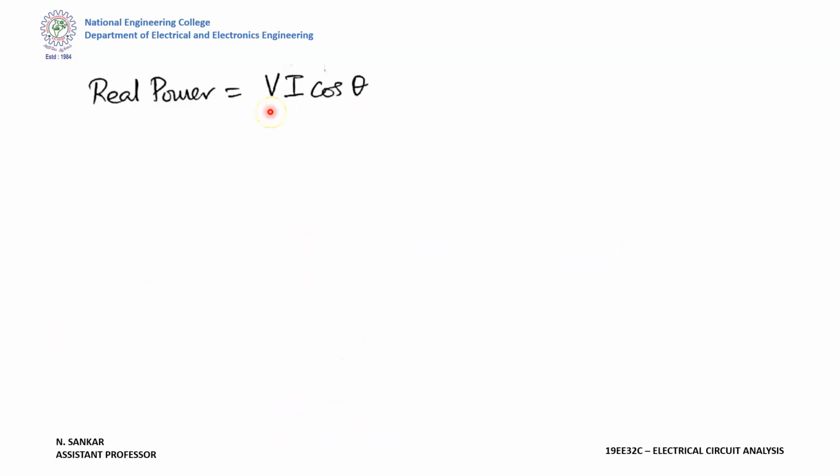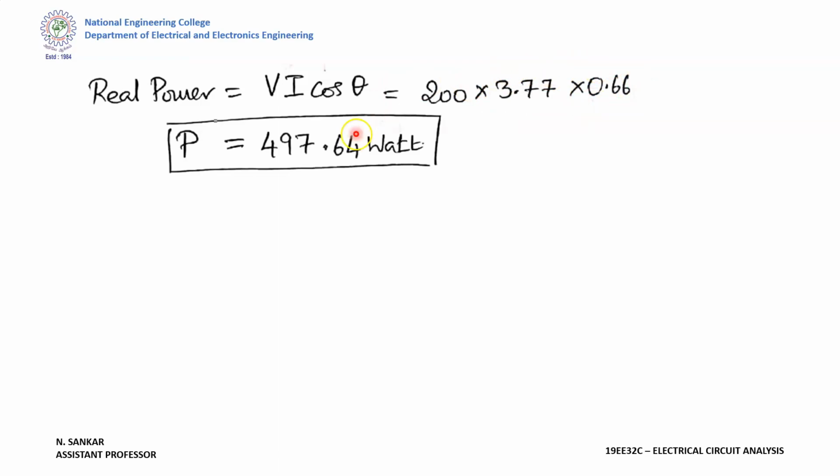So next one, real power. So VI cos theta. We know the value of V is 200, I is 3.77 and cos theta is 0.66. Then the value will be 497.64 watt for real power.